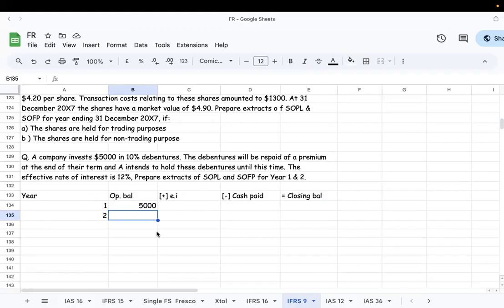Since there is no transaction cost, we are going to take 5,000 as it is as the opening balance. If there is a transaction cost, you have to take it together.